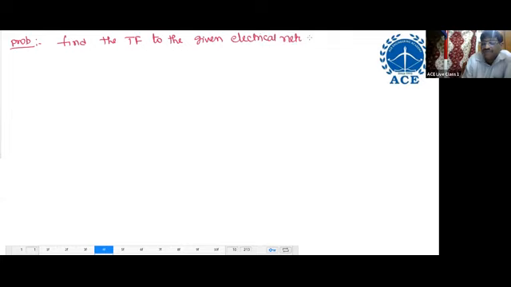Then locate poles in the S plane. The first bit, second bit: find the system response.